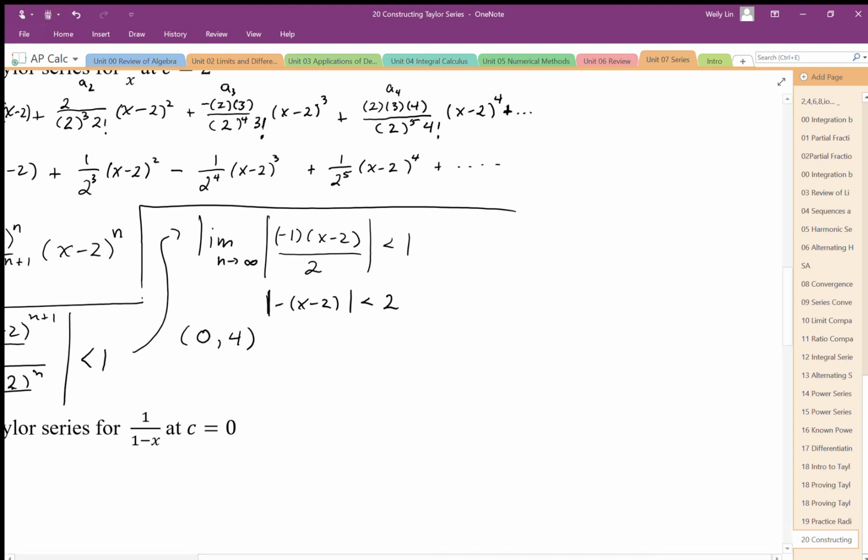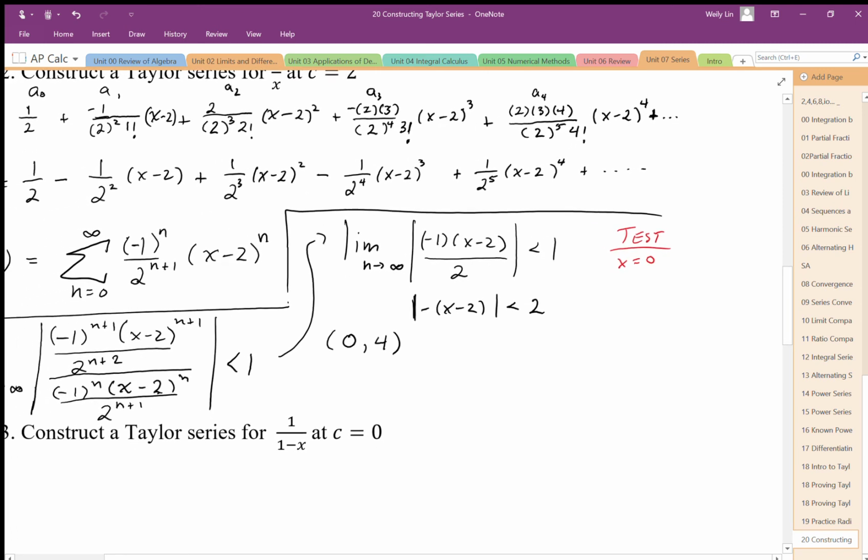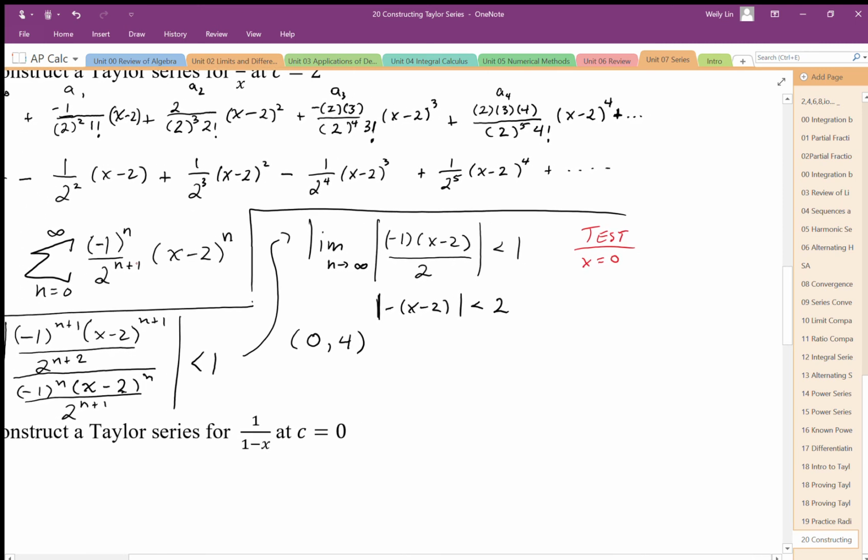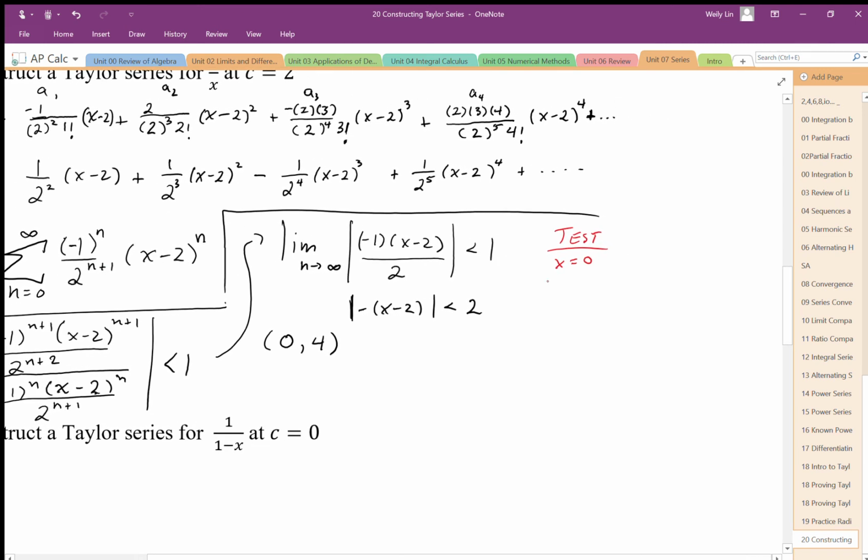Okay, so I'm going to test my endpoints. Okay, so x equals 0. Where's my series here? There's my series here. So when I put x equals 0 here, I'm going to end up with the sum from n equals 0 to infinity. That's going to be negative 2 to the power n, so negative 1 to the n times negative 2 to the n, all over 2 to the n plus 1.